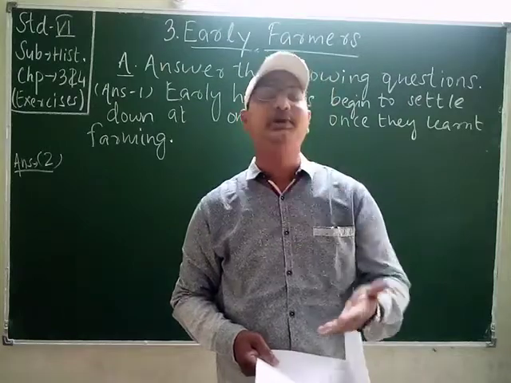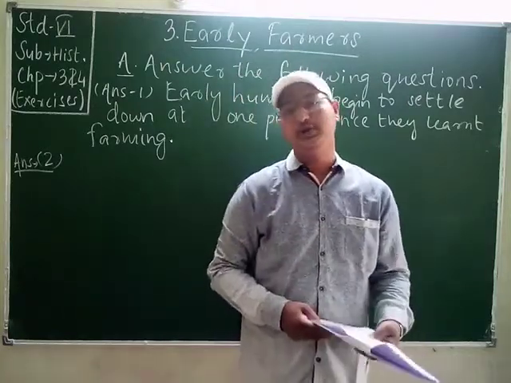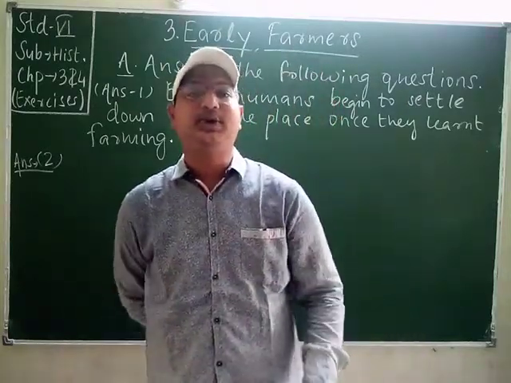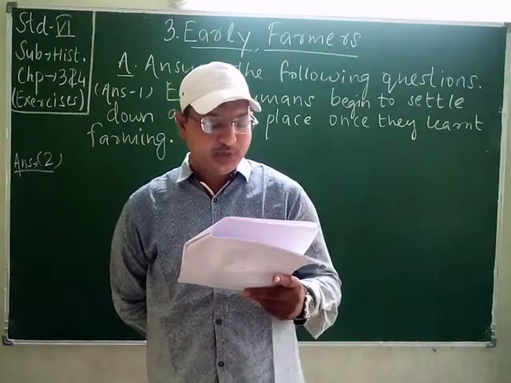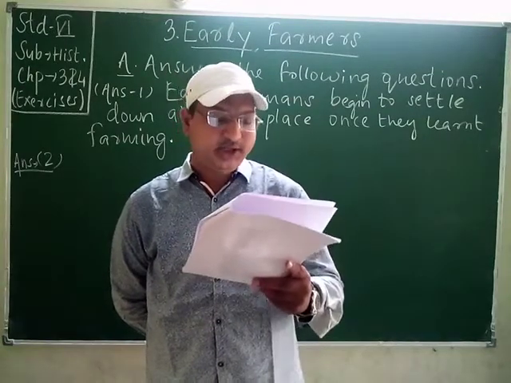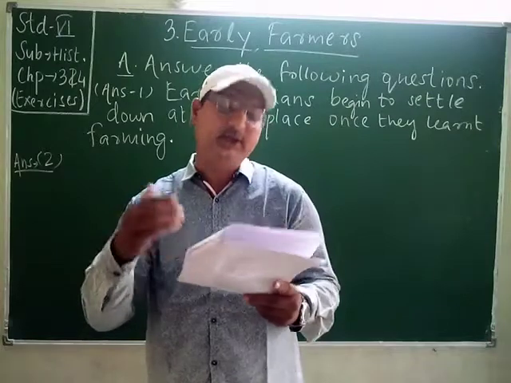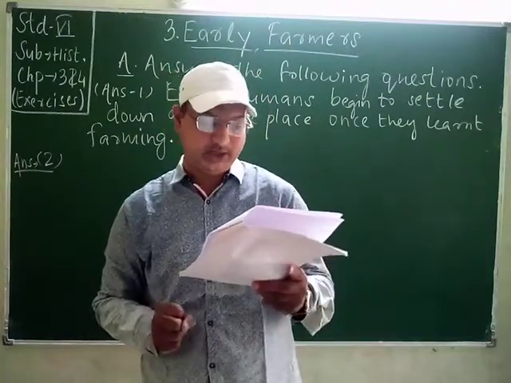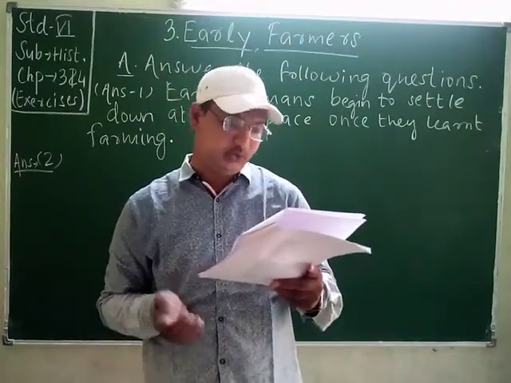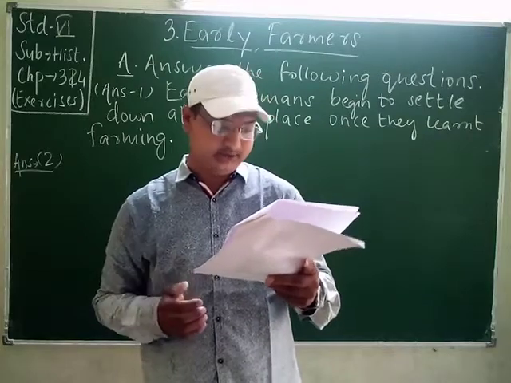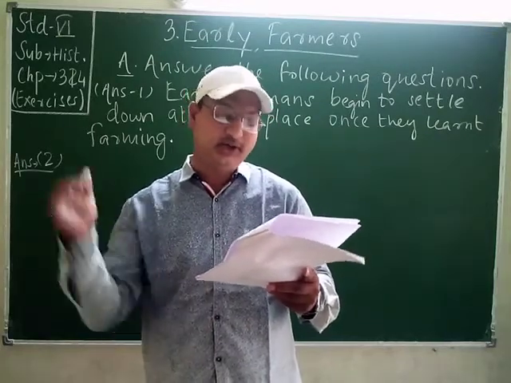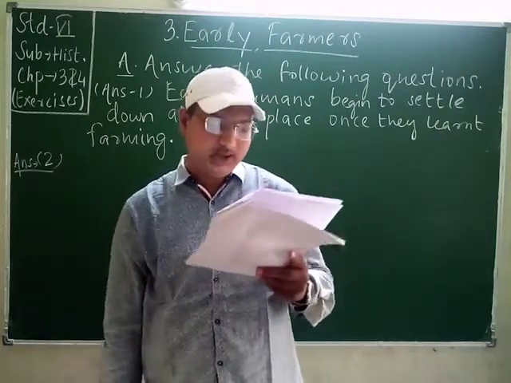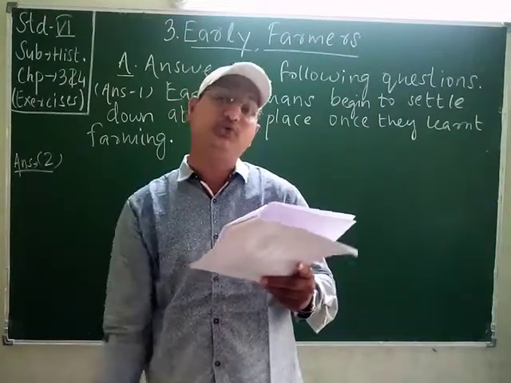So, what type of village and what are the construction? That we will see in the chapter A, question number 3. So, the answer is, students, the Neolithic villages were near the fields. The villages were on raised ground so that flood water from rivers do not get in. The huts were small and close together.